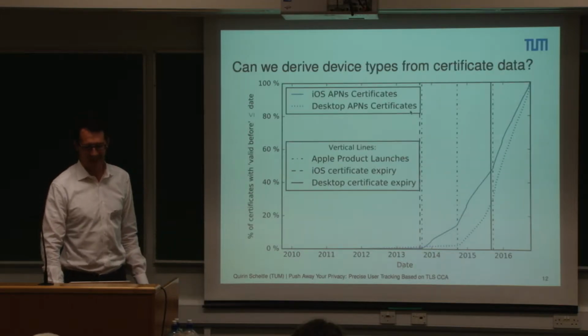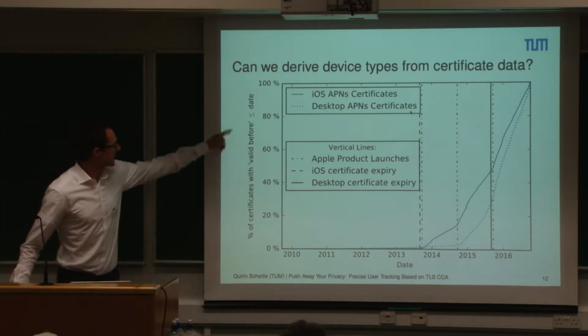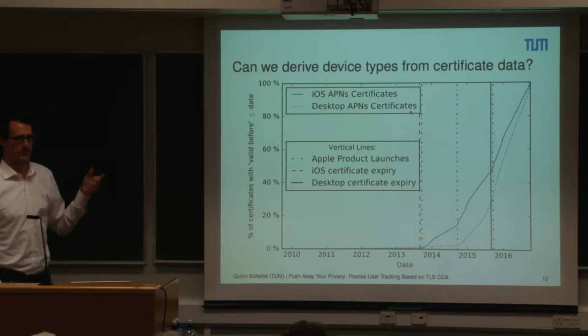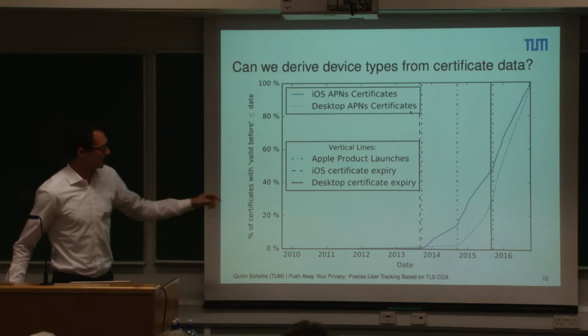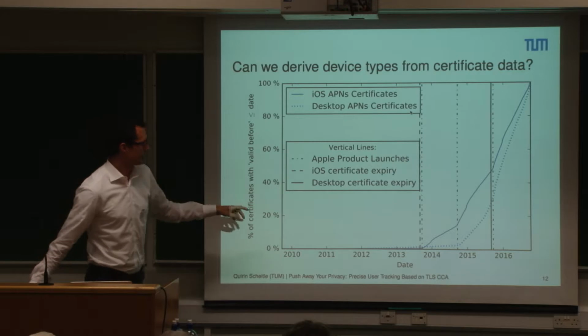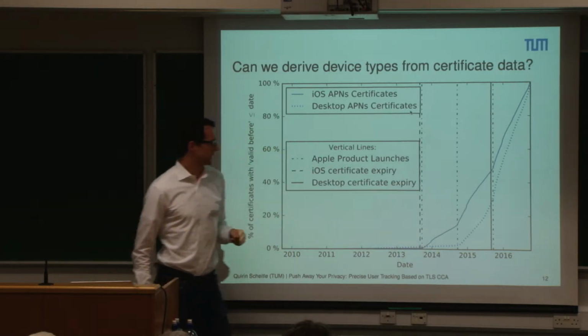So another interesting thing that we found, and this I really like, is if you look at the not valid before in the certificate, because the certificate is generated when you first turn up the device and register with Apple. So if you look at those timestamps, you can tell when the device was bought and first turned on. And you see mobile certificates, it started a bit earlier, desktop a bit later.